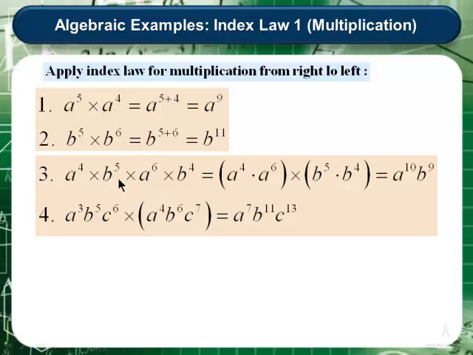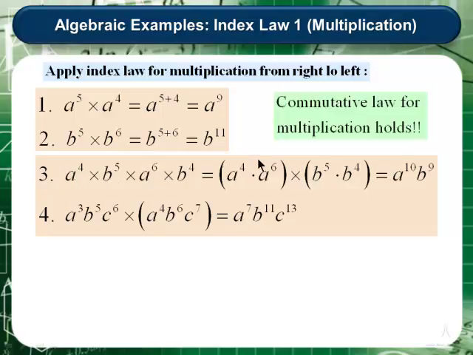A little bit more of a complicated example. Here we can rearrange the terms, because remember, the commutative property or law will be applicable for multiplication. So I shift it slightly so that we can then group a to the power 4 multiplied by a to the power 6 together, and in the same way we can group b to the power 5 and b to the power 4 together.